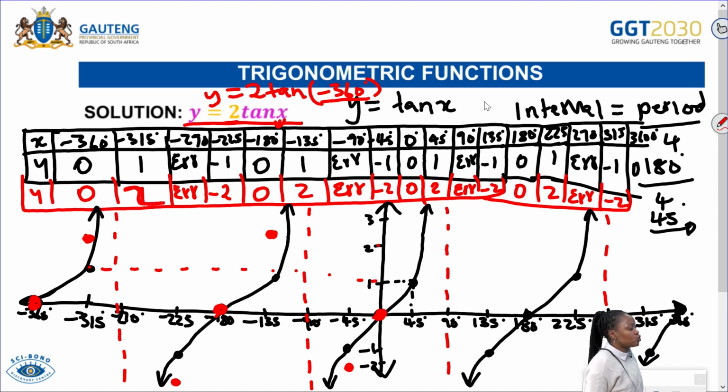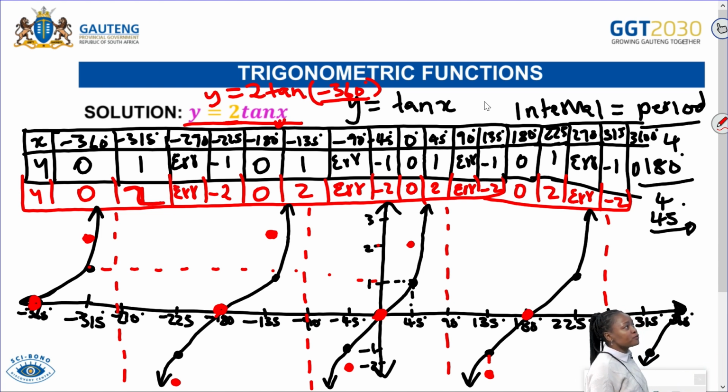And then at 45, I now have 2 instead of 1. At 90, I have math error. At 135, I have -2. It's going to be somewhere down there. And then 180.